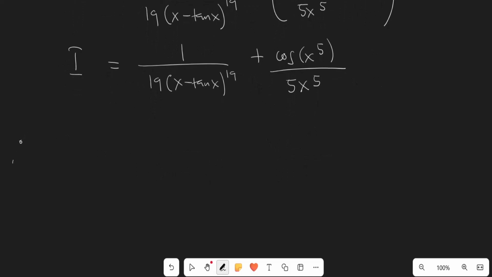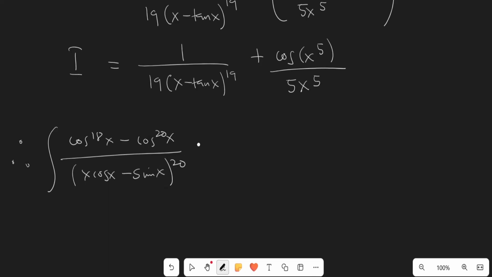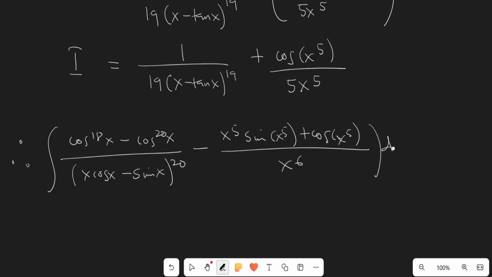So therefore, this integral of cosine to the 18 of x minus cosine to the 20 of x all over x cosine of x minus sine of x all to the 20th power minus x to the 5 sine of x to the 5 plus cosine of x to the 5 all divided by x to the 6, all this one dx.